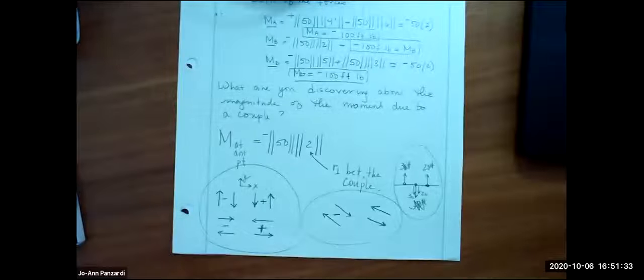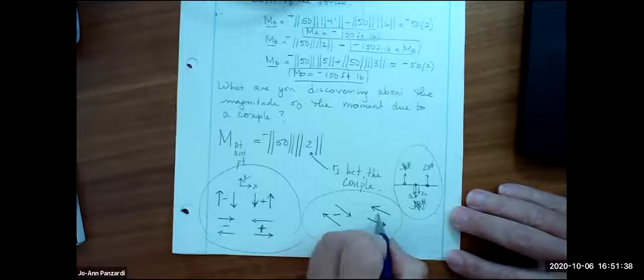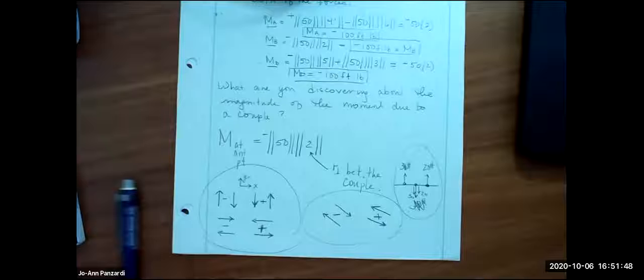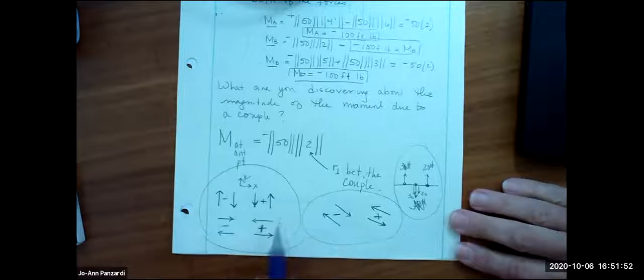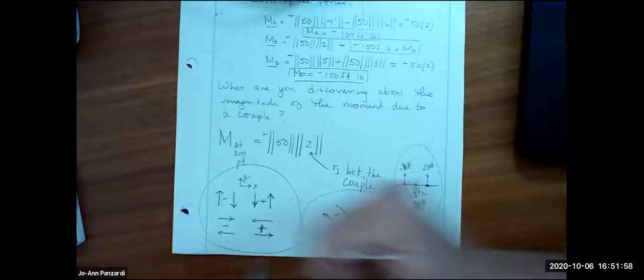And this one? Positive. Yep. So is everybody comfortable with figuring out the direction? Again, thumb out at you, positive. Thumb in, negative. Okay, let's go back to this problem.